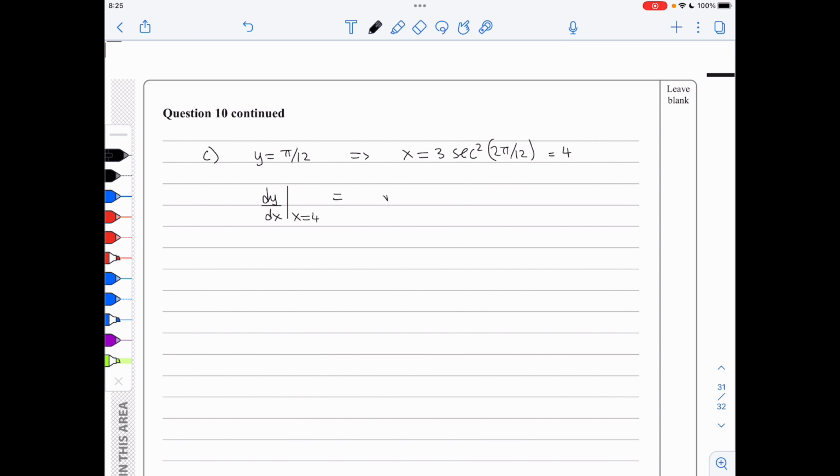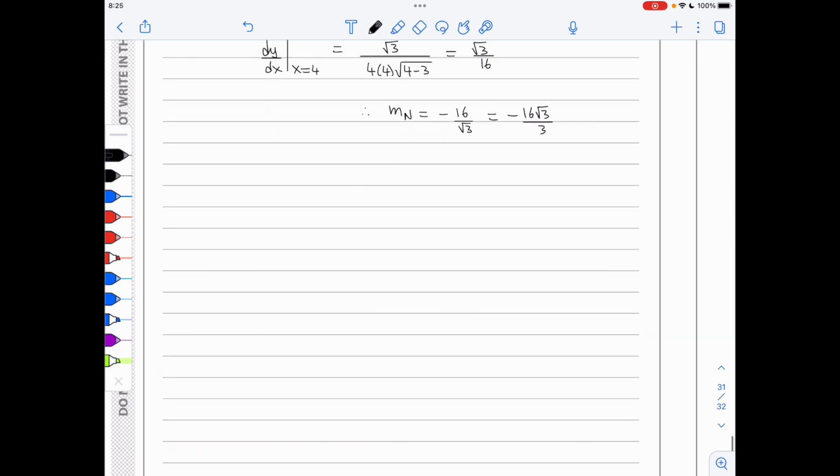So this will be the square root of 3 over 4 times 4 times the root of 4 minus 3, which turns out to be root 3 over 16. And therefore the gradient of the normal, I flip and I change the sign. It's minus 16 over root 3, which is minus 16 root 3 over 3.